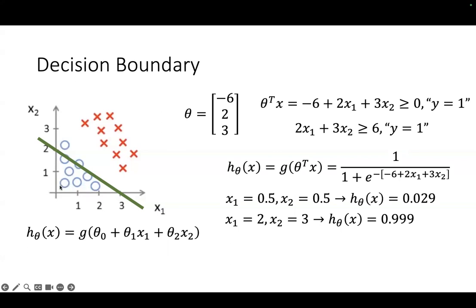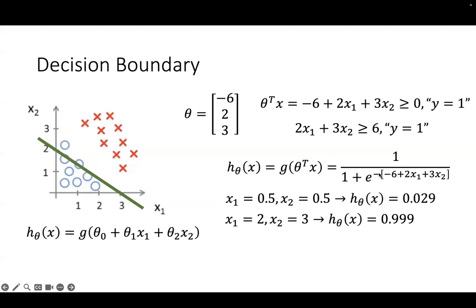Ito. Itong bilog na to. Yan ay x1 equals 0.5 at saka x2 equals 0.5. So 2 times 0.5 is 1, and 3 times 0.5 is 1.5. So 1 plus 1.5 is 2.5. Negative 6 plus 2.5 is negative 3.5.